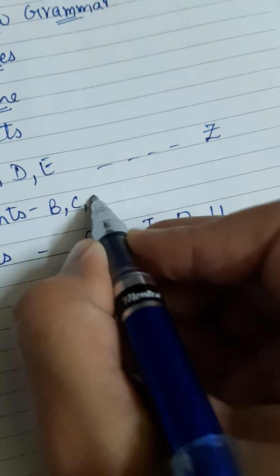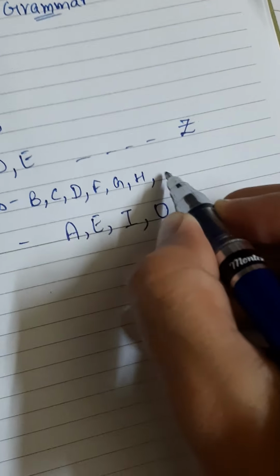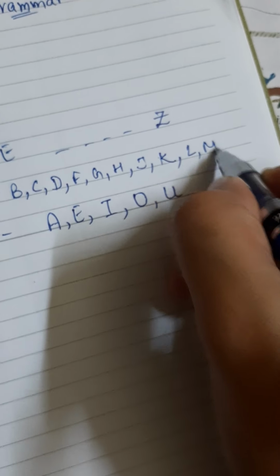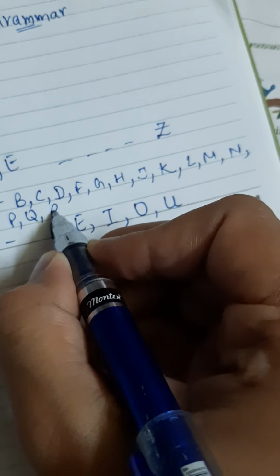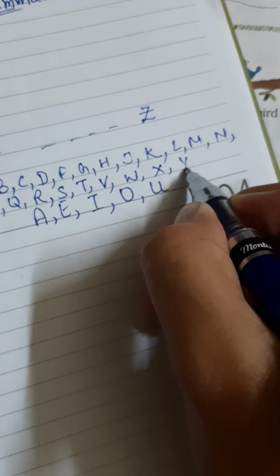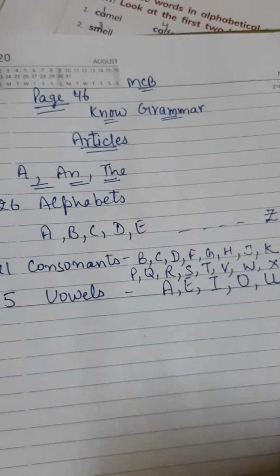These are our vowels, and the rest, that is B, C, D, F, G, H, J, K, L, M, N, P, Q, R, S, T, V, W, X, Y, and Z, these are the consonants. So what are the sounds of consonants and what are the sounds of vowels?